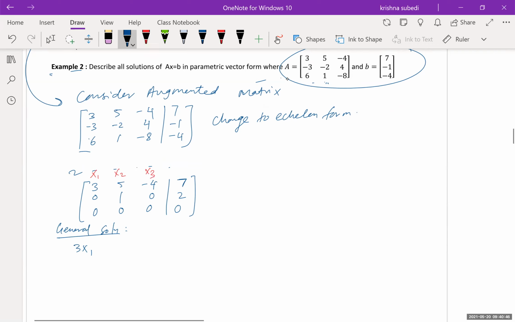So what we got here is 3x1 plus 5x2 minus 4x3 equals 7, and x2 equals 2, and x3 equals 3. Now let us solve this for x3. So that's going to give me 3x1 plus 5x2, which is 2, minus 4x3 equals 7.